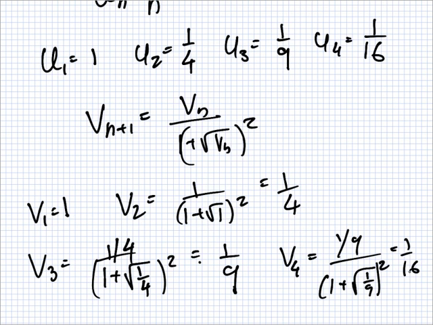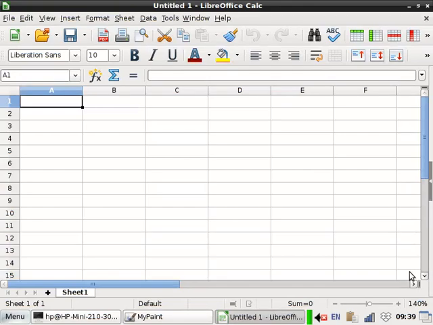Now, how do you plot a sequence? What's the appropriate graph for a sequence? Does anybody know? Like, if I was to write down 1 over 4, 1 over 9. What the heck?